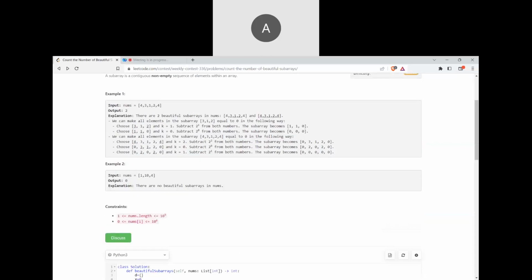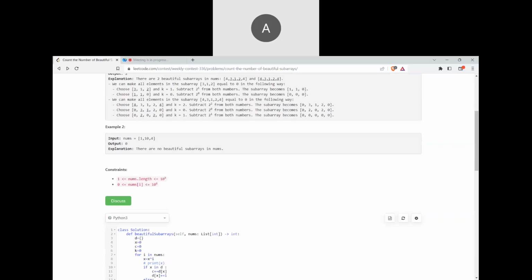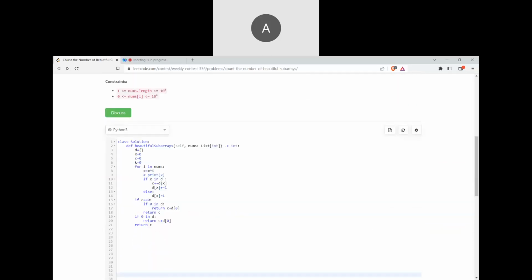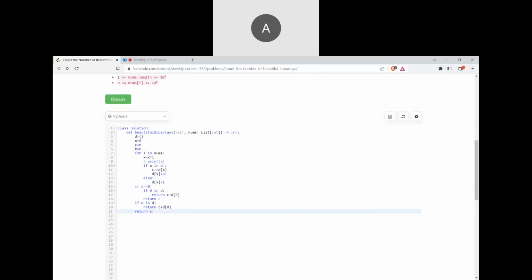When we do the XOR, we can say the part became 0, suppose here the XOR is 4, and after some time again it became 4. So the part between these two indexes has become 0. Or if it started at 0 and after some time it became 0 again. These are the two cases where we can consider that the subarray between has become 0.